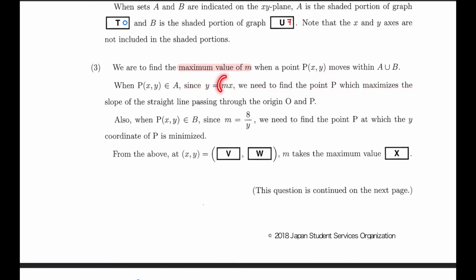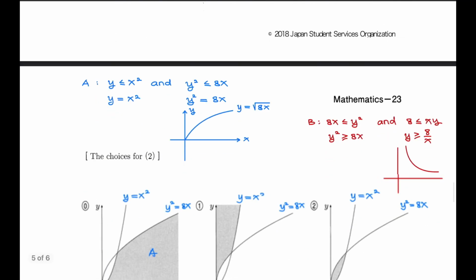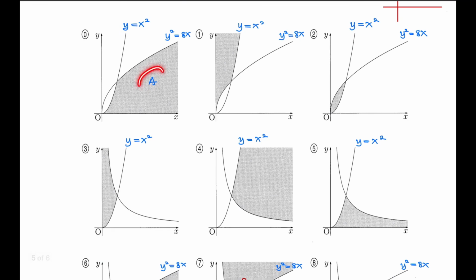Like I said earlier, m is the gradient, that means the slope of the straight line passing through the origin, because y equals mx always passes through the origin. Back to the region of A, I will draw a straight line from O, something like this.